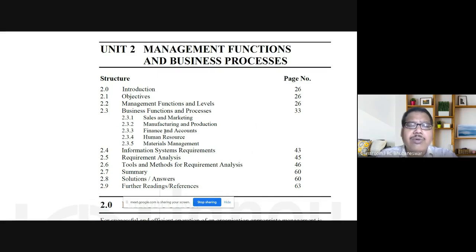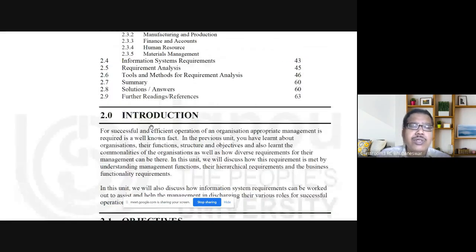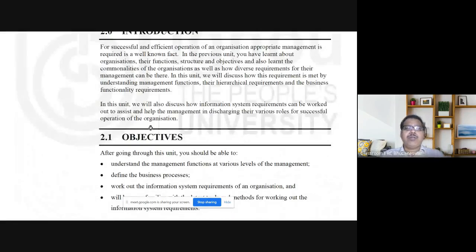Information requirements can be different for any business functionality compared to another, and then we will analyze whether the requirements are sufficient or not. Finally we will discuss the tools by which we can go for requirement analysis to make it foolproof.